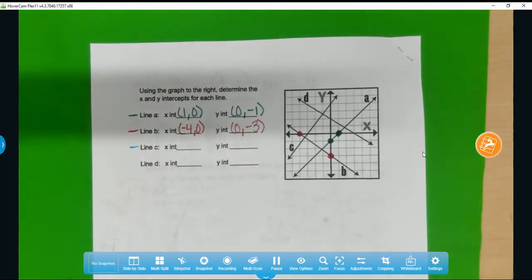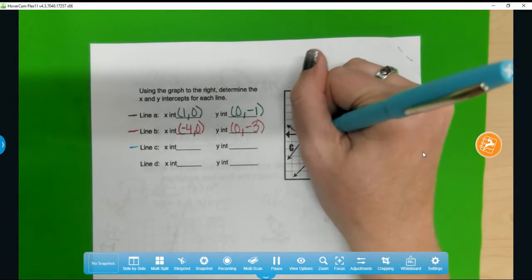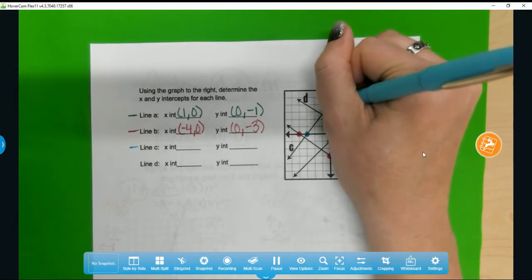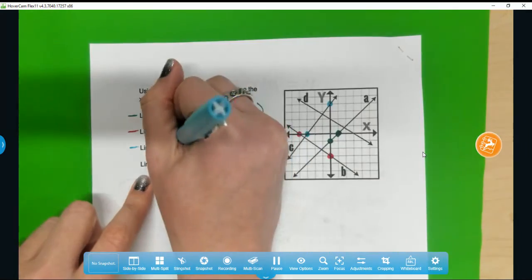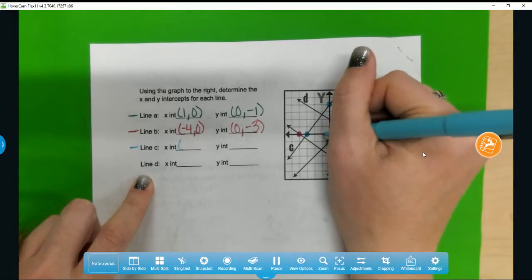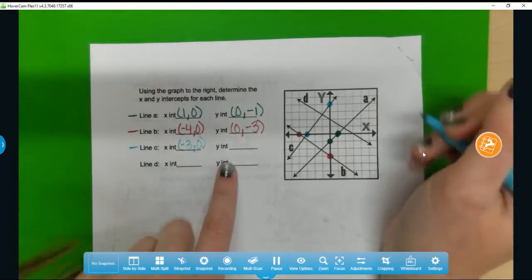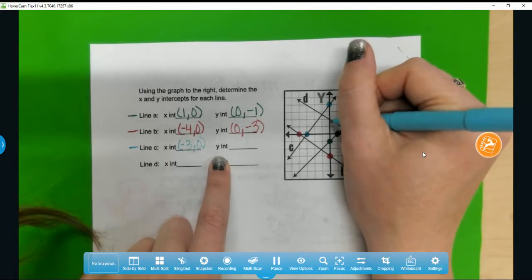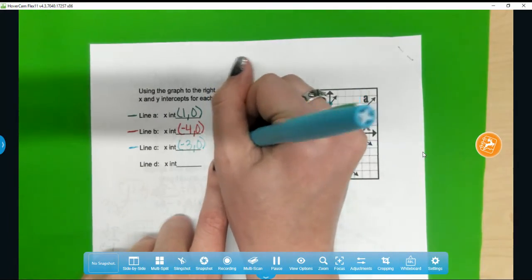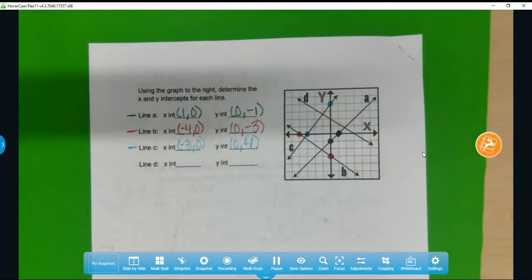Okay, for line C, my x and my y. So my x-intercept on line C is going to be negative 3, 0. My y-intercept is 0, 4.